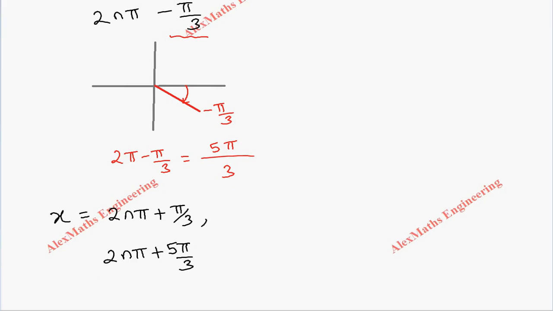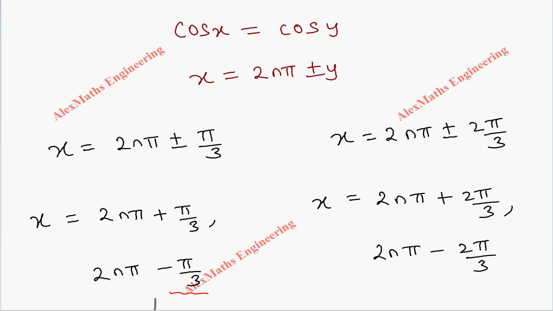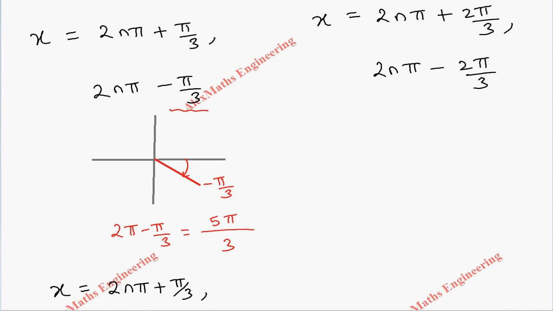In the same way, the other part. So this can be split into two parts, 2n pi plus 2 pi by 3 and 2n pi minus 2 pi by 3. So this minus 2 pi by 3 is something like this. So from here, it will come something like this.